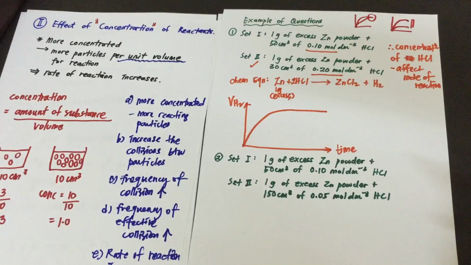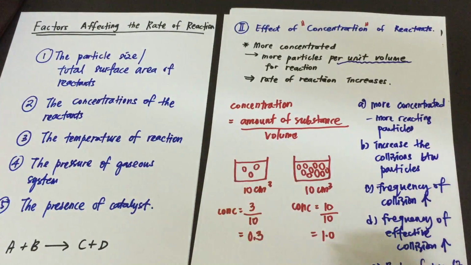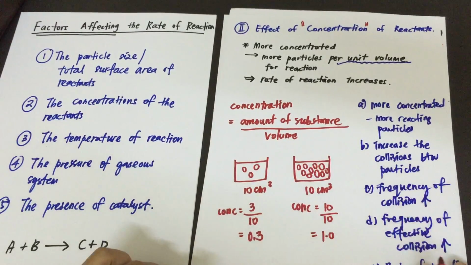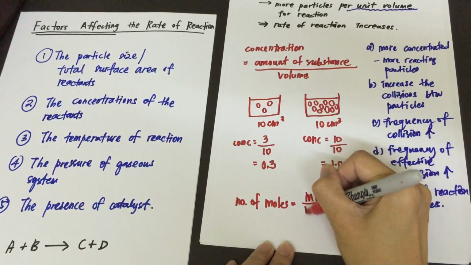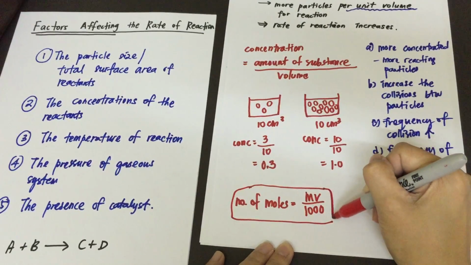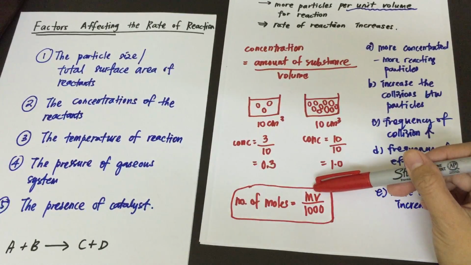Okay, so how to calculate the product generation? That will need our calculation of the number of moles. If you still remember the number of moles calculation of a solution, I will put down the equation over here. Number of moles equals MV over 1000, in which the M is the concentration or the molarity given.